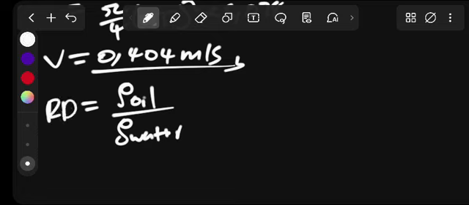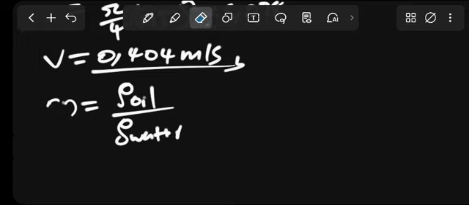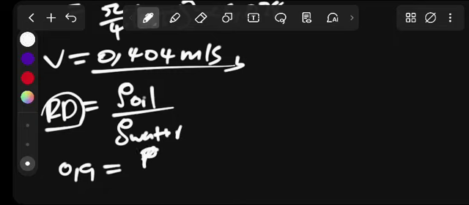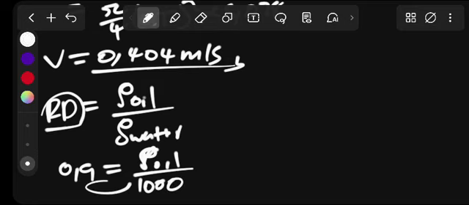We have been given the relative density. Okay, that is fine. So what is our relative density? It was 0.9. So this is 0.9 multiplied by the density of water, which is 1000.